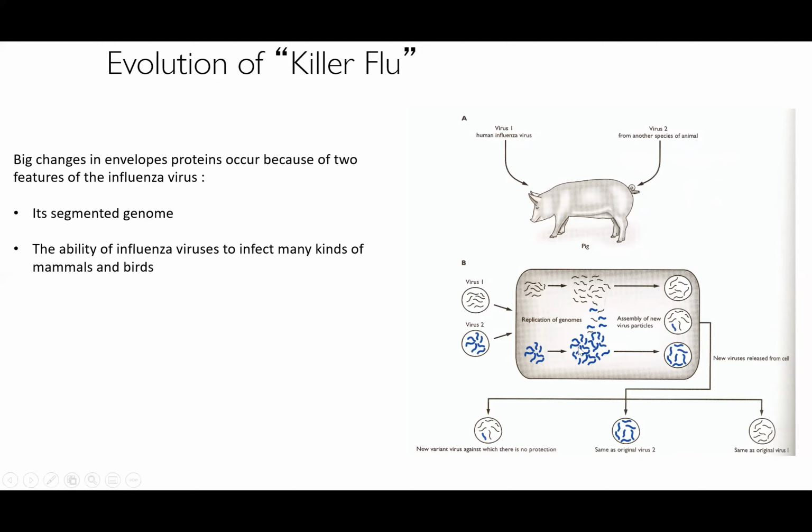But suppose the pig is infected simultaneously with both human influenza and influenza from another species. In this co-infection, the two types of viruses replicate in the same cell. Predominantly the human virus can pick up a genome segment from the porcine or pig virus. This may result in a new strain of the virus with new envelope proteins that won't be recognized by the human immune system.